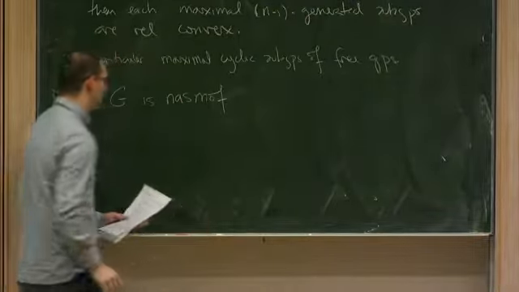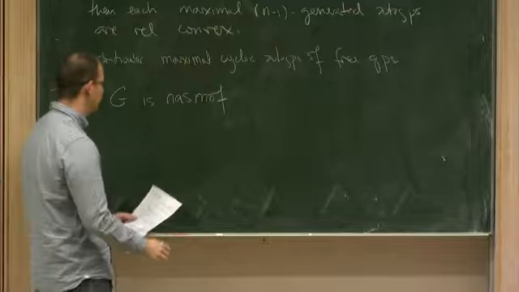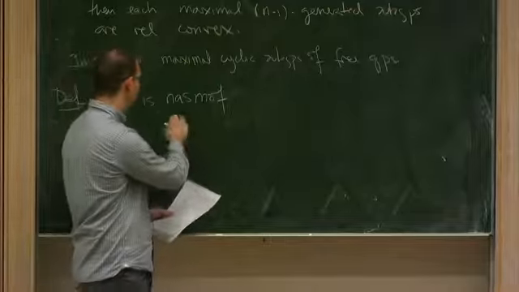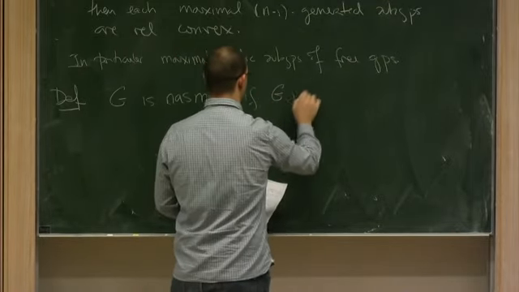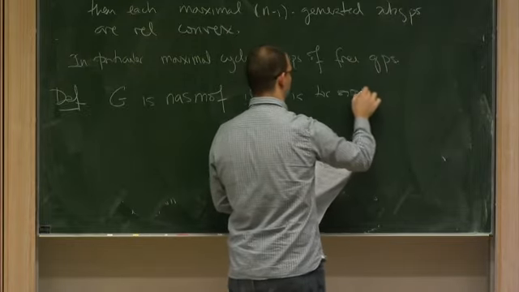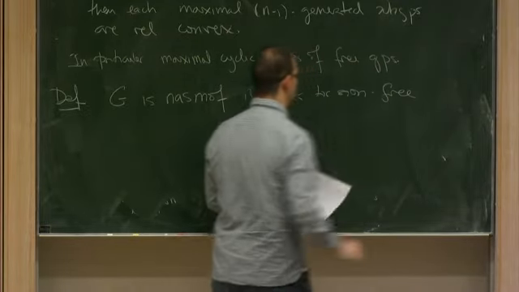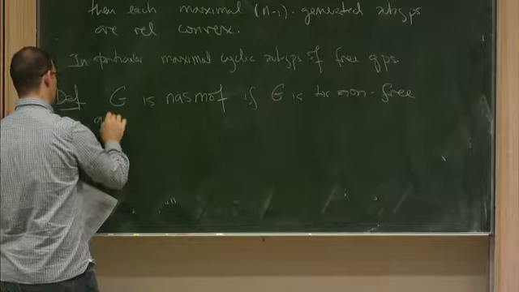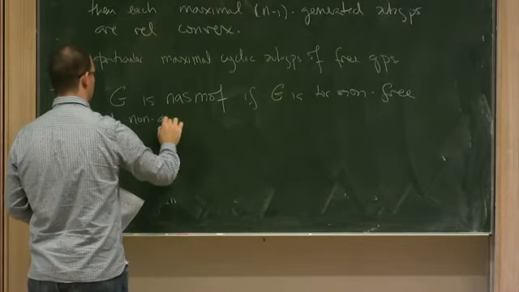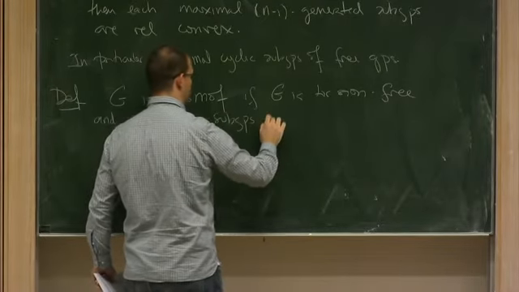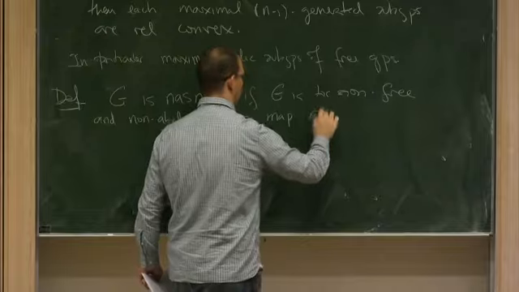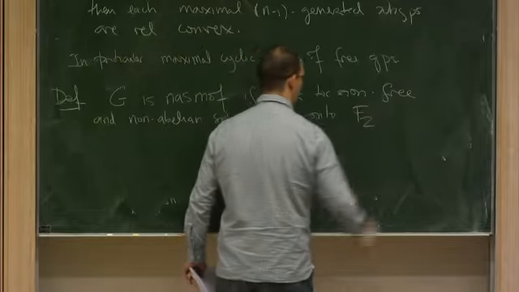I don't know if this is a good term or not. G is Nash-Moff. It means non-abelian subgroups map onto a free group. If G is torsion free and non-abelian subgroups map onto F2.